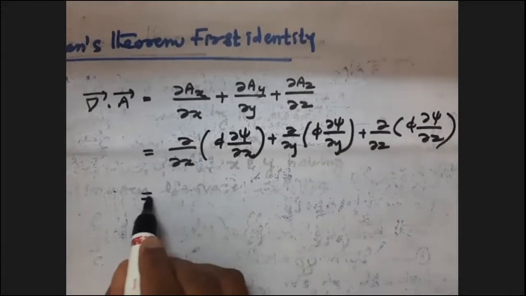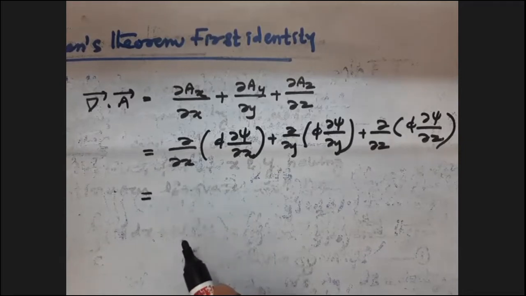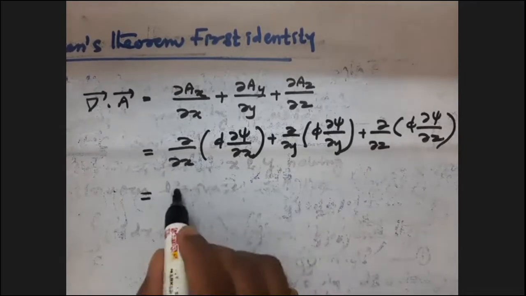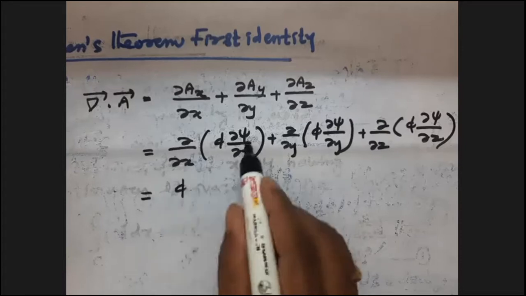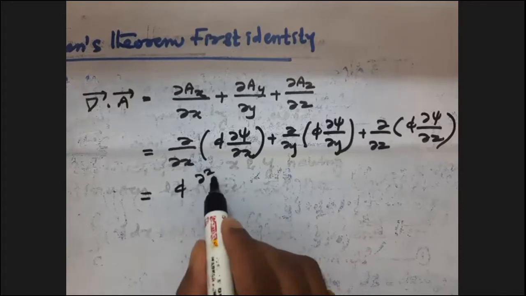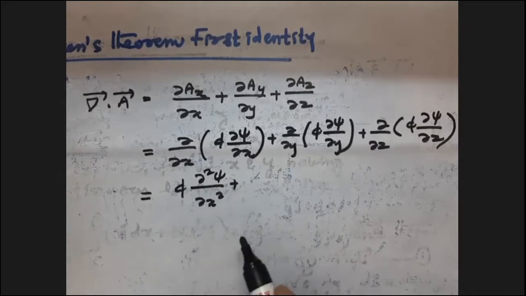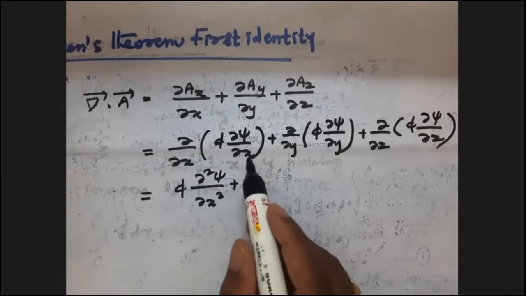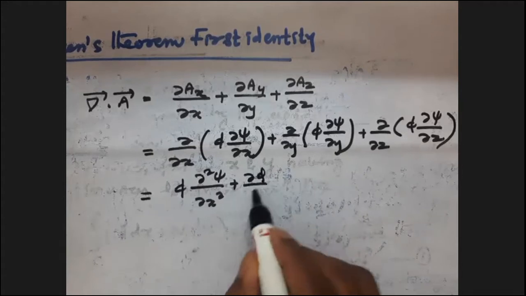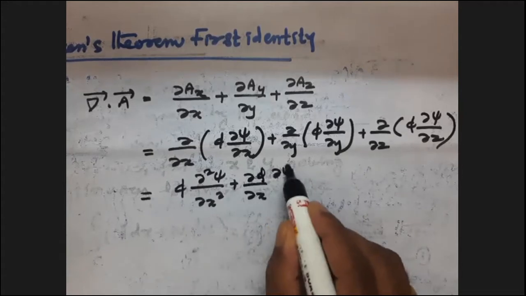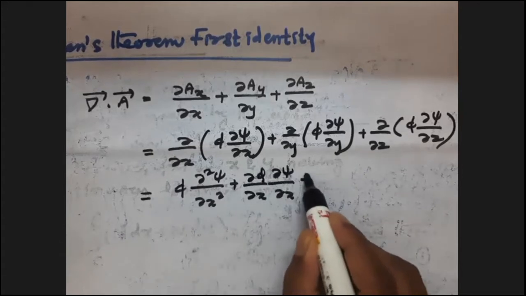So here you take the differentiation with the UV method. Phi taking constant, dou by dou x of dou psi by dou x gives dou square psi by dou x square, plus dou psi by dou x taking constant, then dou phi by dou x into dou psi by dou x.